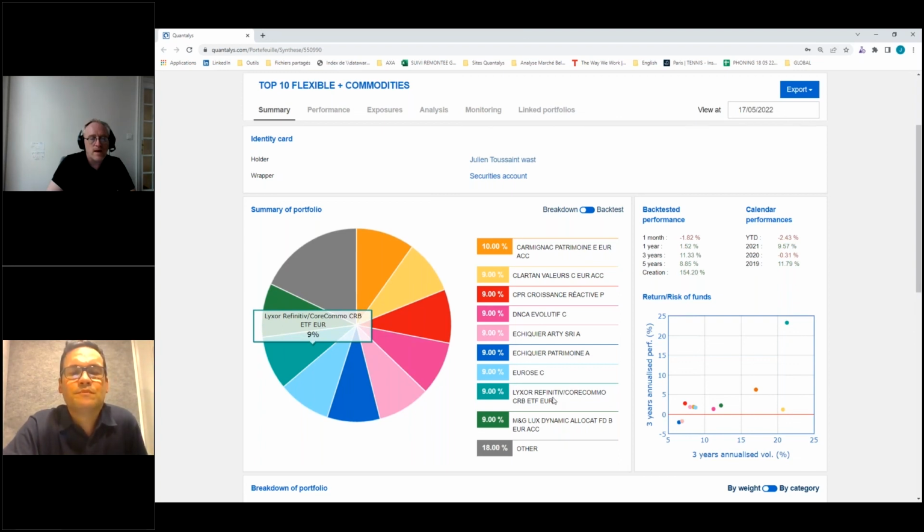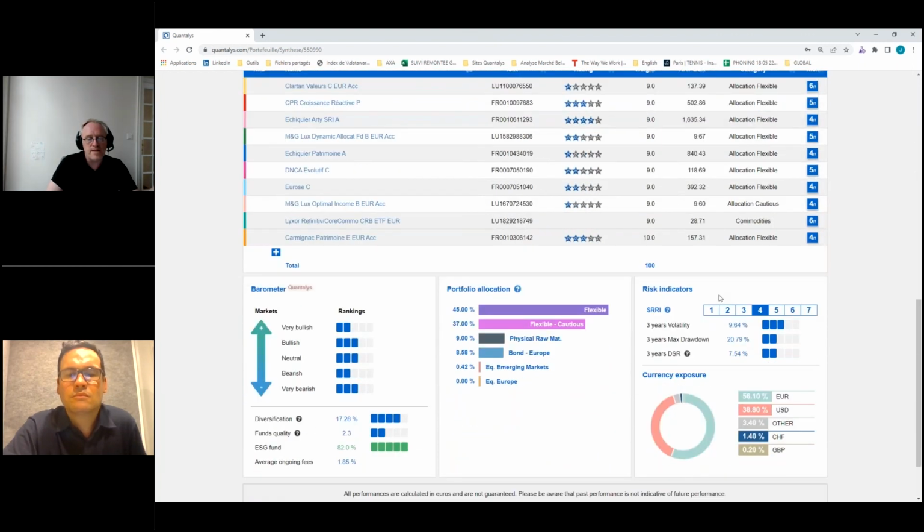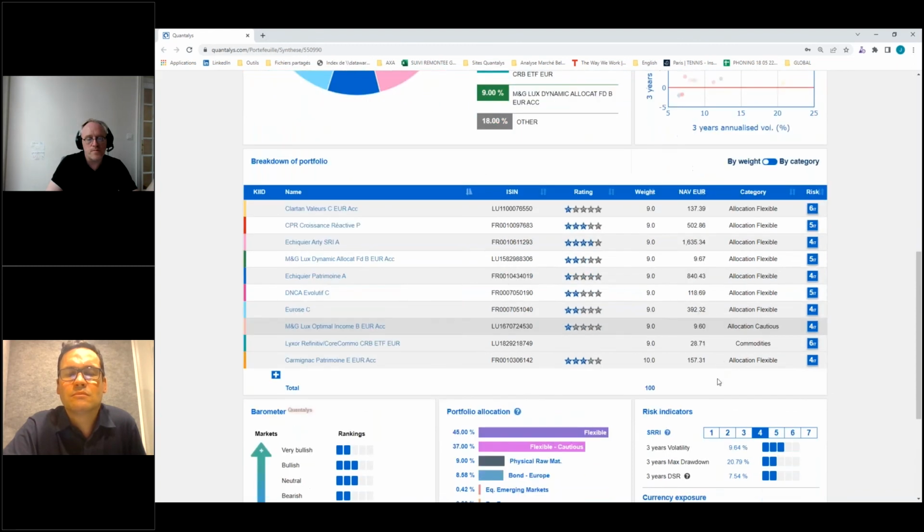Okay. And as you can see, it has a great influence on the performance because it corresponds to this fund. It really boosts the performance, and as you can guess, it also has an effect on the volatility.